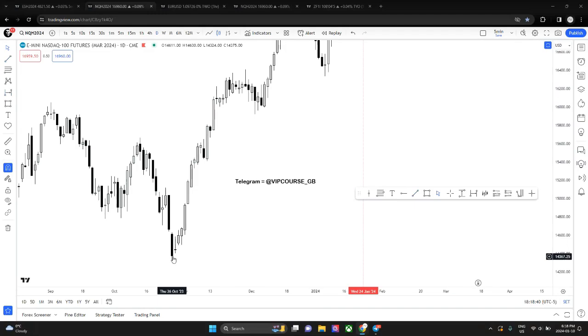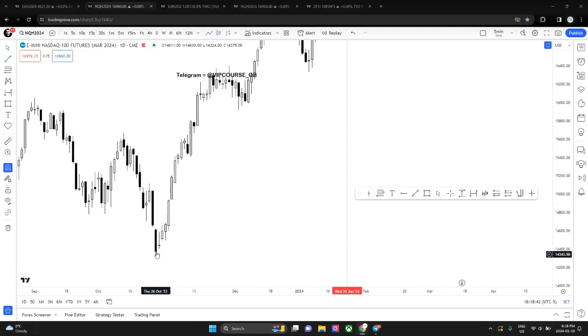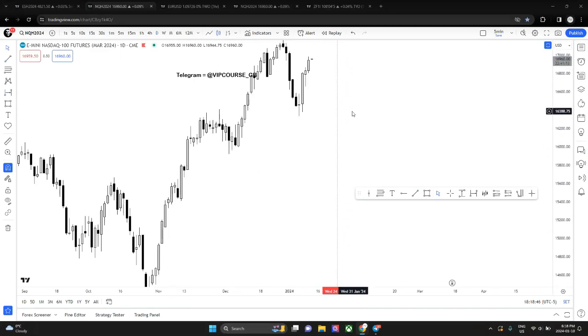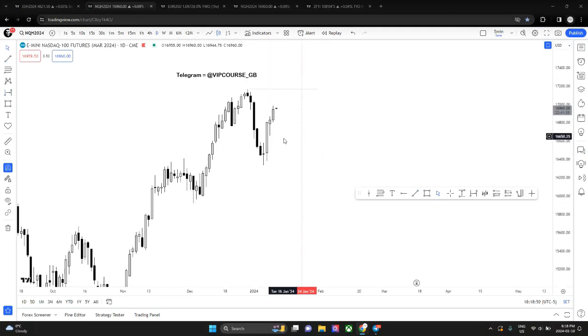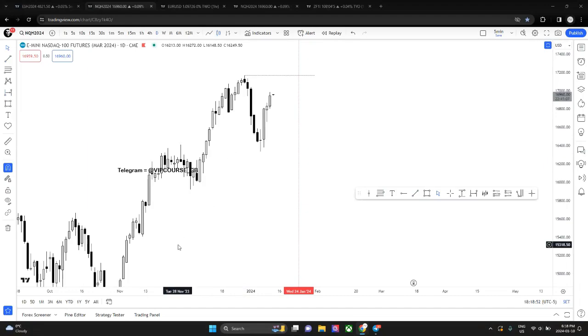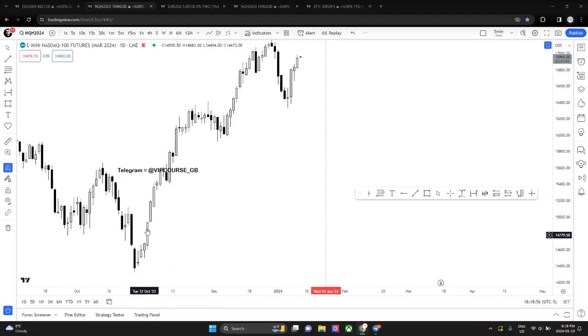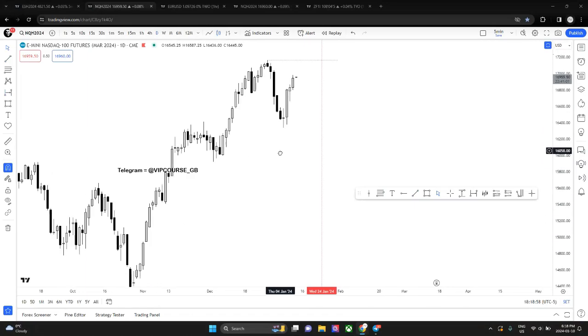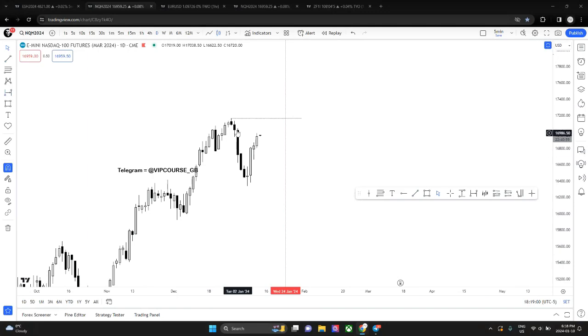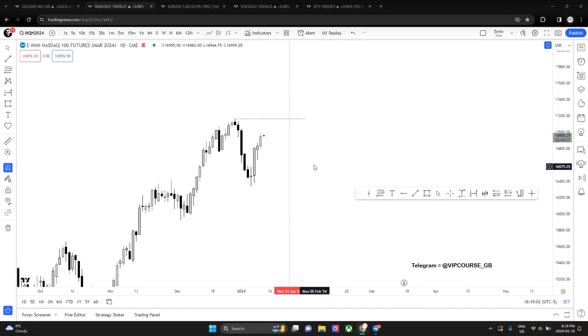From this low, which is where price shifted within the last 60 days, we've been going up with barely any pullbacks, right? Right now we are getting really close to where the next quarterly shift should take place.